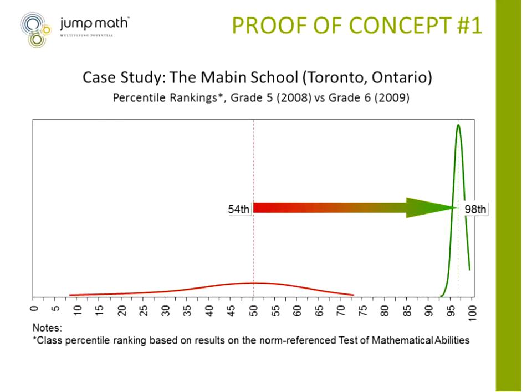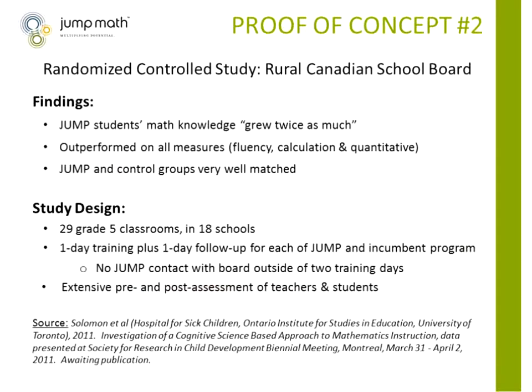Now, JUMP has been involved in lots of other studies. This is just a small case study, but we've seen similar results in much more rigorous studies. The most rigorous study we've been involved in is a randomized controlled trial in a Canadian school board. And in that trial, the JUMP students' knowledge grew at twice the rate of the students in the control group.